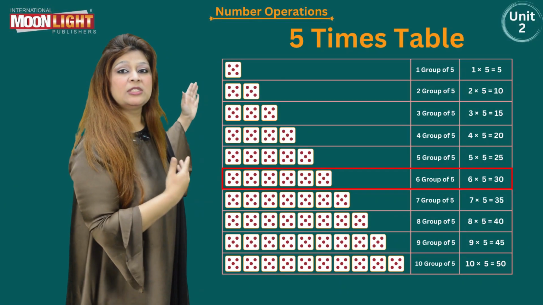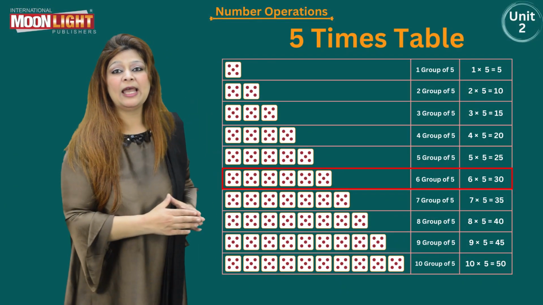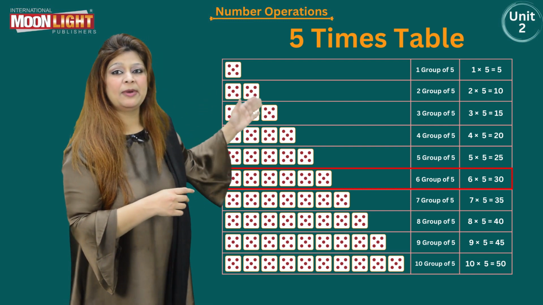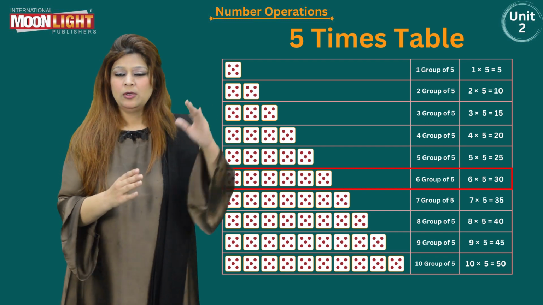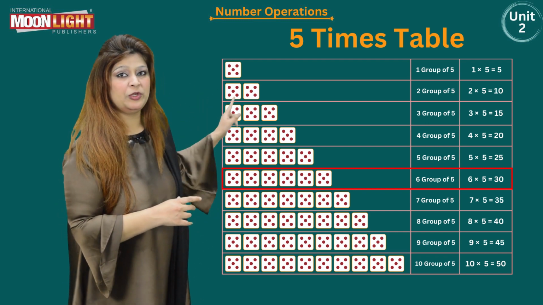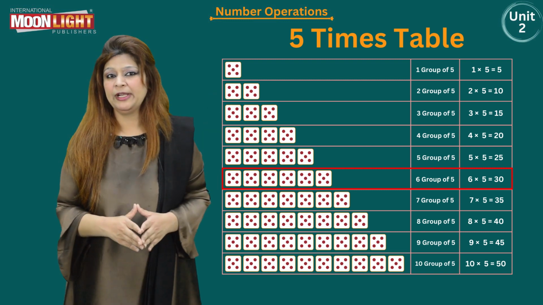Now 6 groups of 5 means 6 times 5, or 6 multiplied by 5 is equal to, yes, what? After 25: 26, 27, 28, 29, 30. So I have written 30 over here.